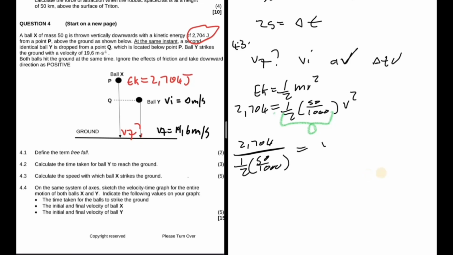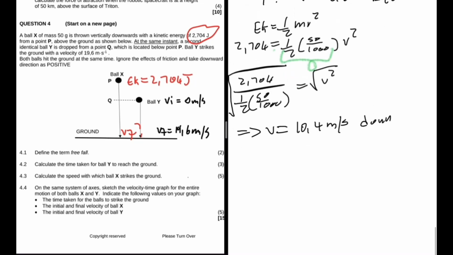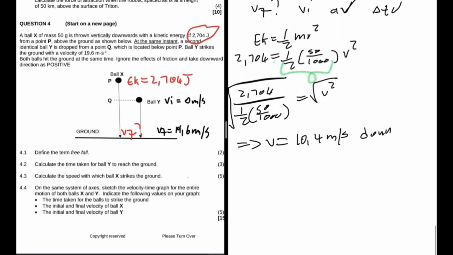And now we can take the square root on both sides, and you will end up getting a velocity of 10.4 meters per second. And we know that it's going down. So now we have our VI, and we can go on and determine VF.